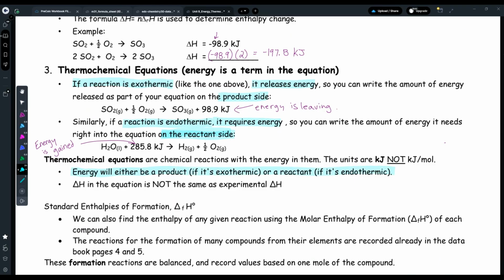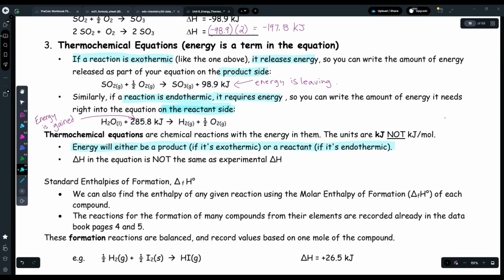And once again, when you're writing the energy term in your reaction, you never write it as negative. The negative will be taken into account by being on the product side if your change in enthalpy is negative. If your change in enthalpy is positive, you write it on the reactant side.